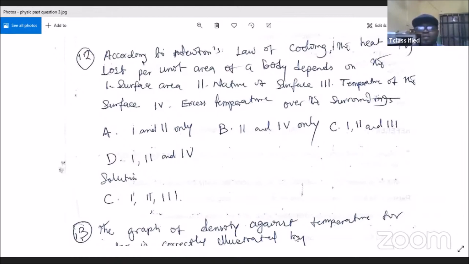Option B, 2 and 4 only. Option C, 1, 2 and 3. Option D, 1, 2 and 4. So the right answer is option C, 1, 2 and 3, because the heat energy lost per unit area of a body depends on the surface area, the nature of the surface, and the temperature of the surface.